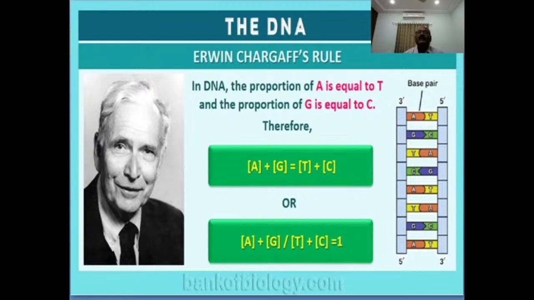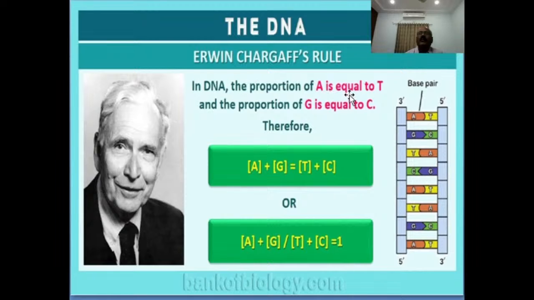Erwin Chargaff proposed one rule in DNA. In DNA, the proportion of adenine is equal to thymine and the proportion of guanine is equal to cytosine. That means adenine is always complementary with thymine, and guanine is complementary with cytosine.